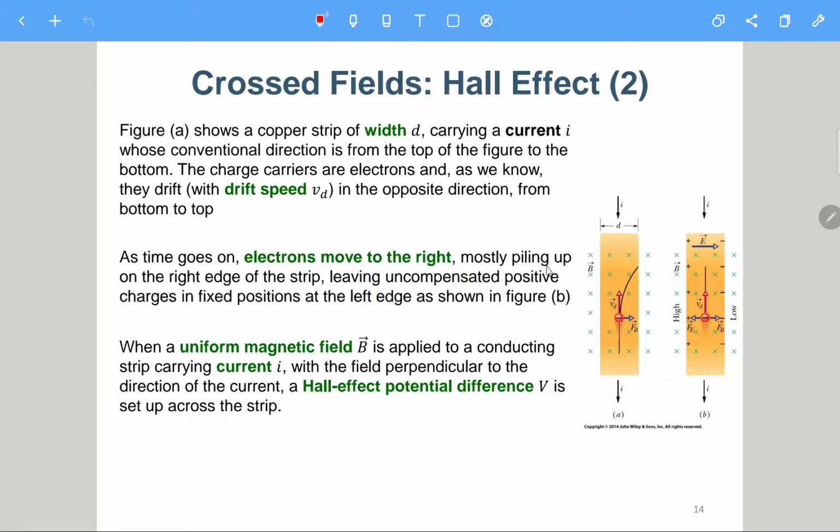Electrons move to the right and pile up on the right edge of the chip, leaving uncompensated positive charge in the fixed position at the left edge.